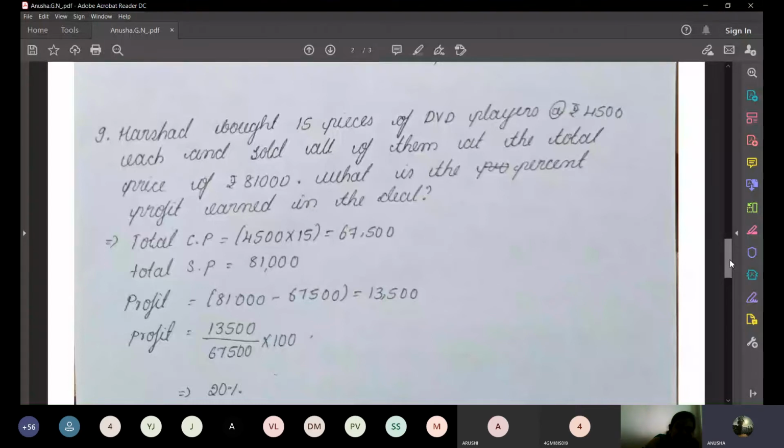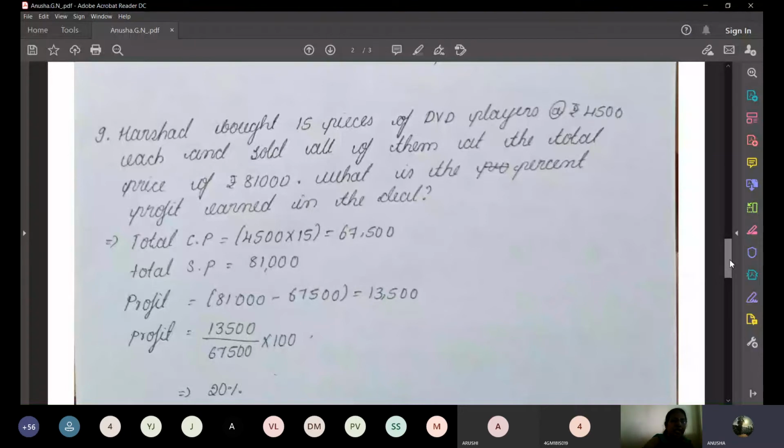DVD players. How many DVD players? 15 pieces of DVD players. What is the cost of each DVD player according to the problem statement? 4,500 each DVD. Okay. What is the next detail they have given in the problem? Total profit.